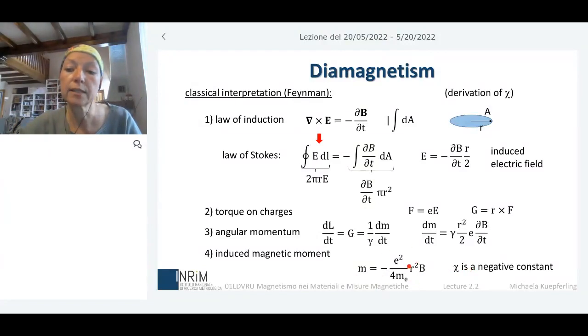You can see here we have the electron charge, the electron mass, and the radius of the assumed orbit of our electron. And chi is negative. Also this we get already. So the stronger B is, the stronger M is.